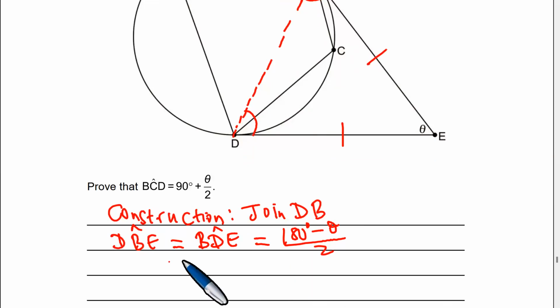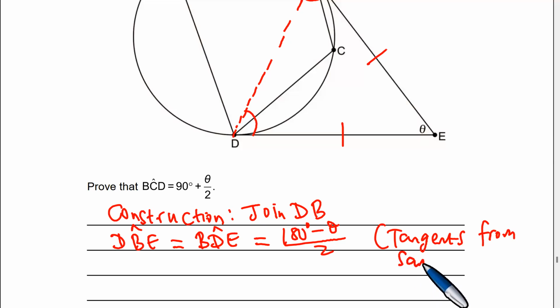They are equal to each other, these angles, because of the tangents from the same point.